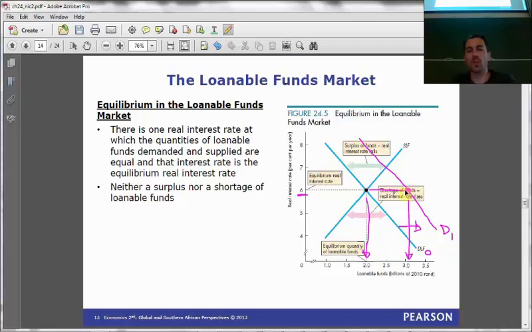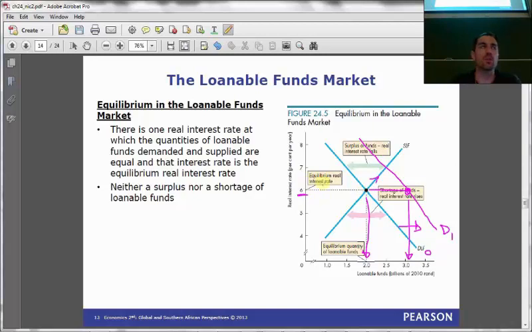When there's a shortage because demand exceeds supply, what happens? The price in the loanable funds market is determined by the real interest rate, or the real interest rate, shall we say, is the price. So when you have demand exceeding supply, what happens to prices? Prices increase, exactly. So our interest rate starts to increase. As the interest rate increases, the quantity of loanable funds supplied starts increasing.